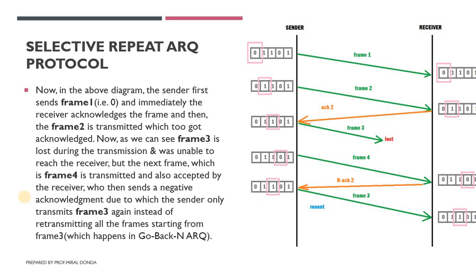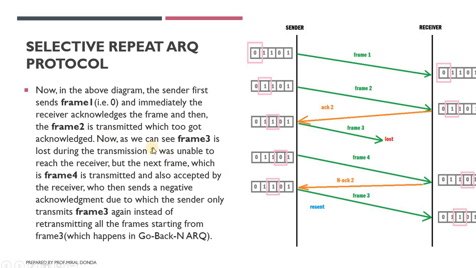Next, let's understand it with one example. In the diagram, the sender first sends frame 0, then frame 1, then the third frame, which is frame 2, and it is lost. Here the acknowledgement of 2 is received, but the acknowledgement of 1 is not received. This protocol is able to send multiple frames to the receiver. Here the receiver doesn't receive frame 3, so it does not send any acknowledgement to the sender.